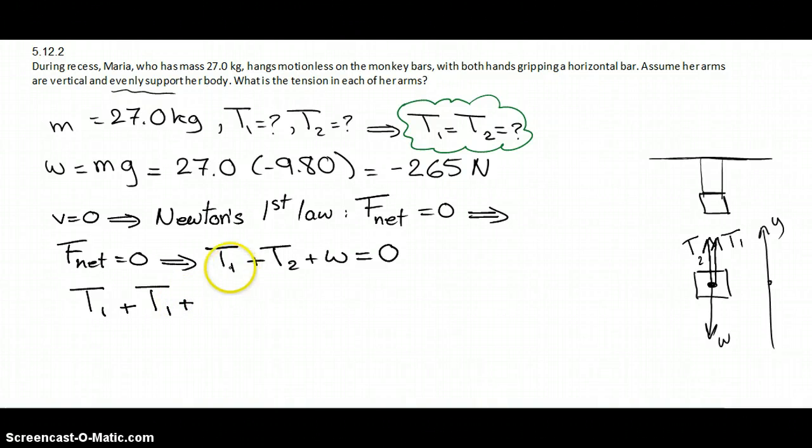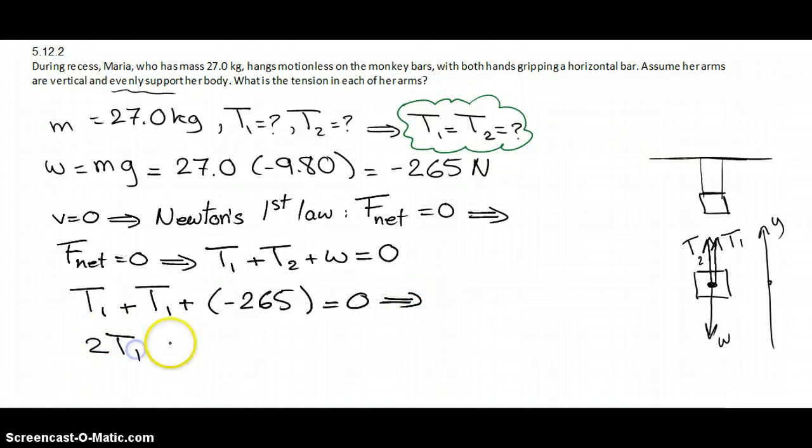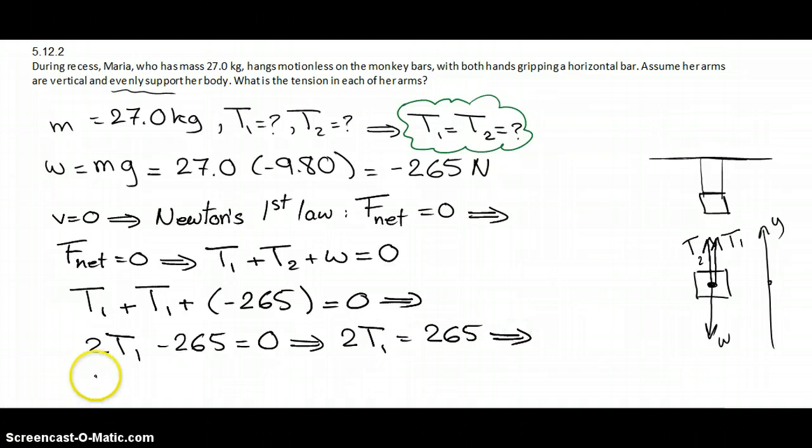Plus the weight. I know the weight. It is negative 265. All that is equal to 0. So 2T1 minus 265 equals 0. So 2T1 is equal to positive 265.